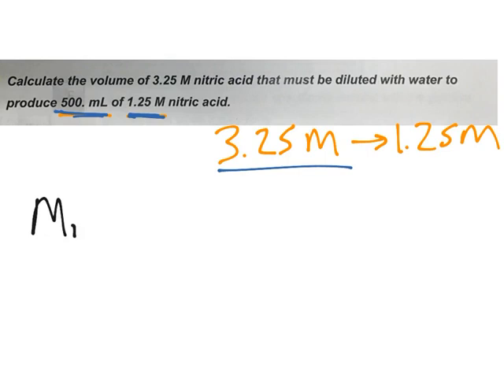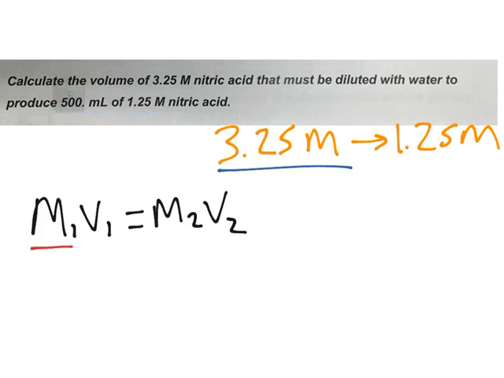Well, we can use our M1V1 equals M2V2 to solve for this. In this example, our initial concentration, our initial molarity, is 3.25.